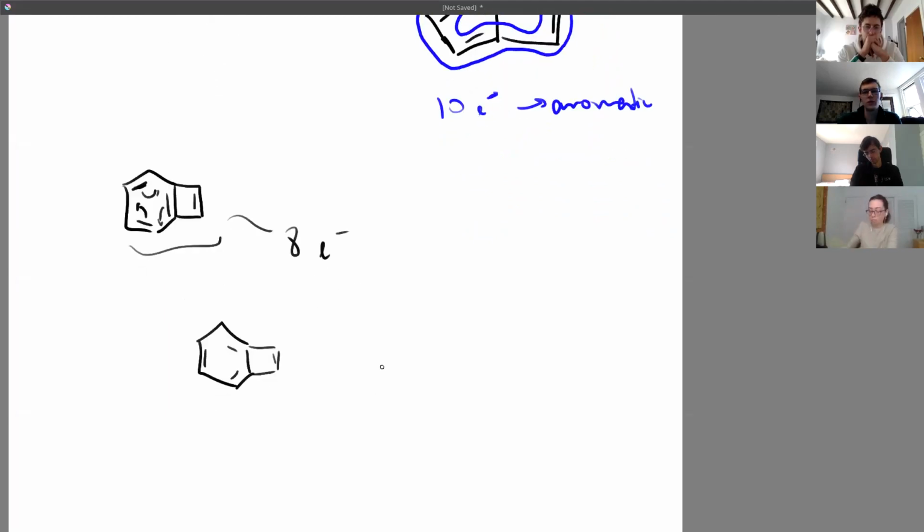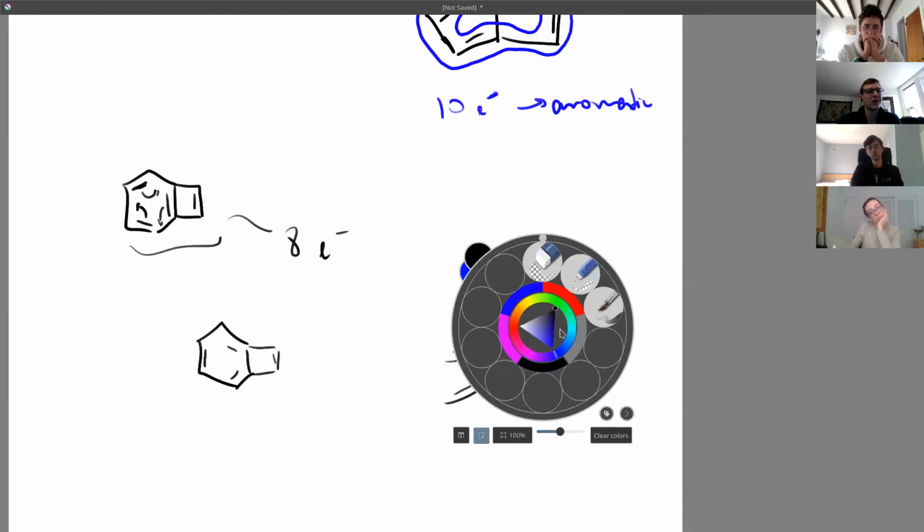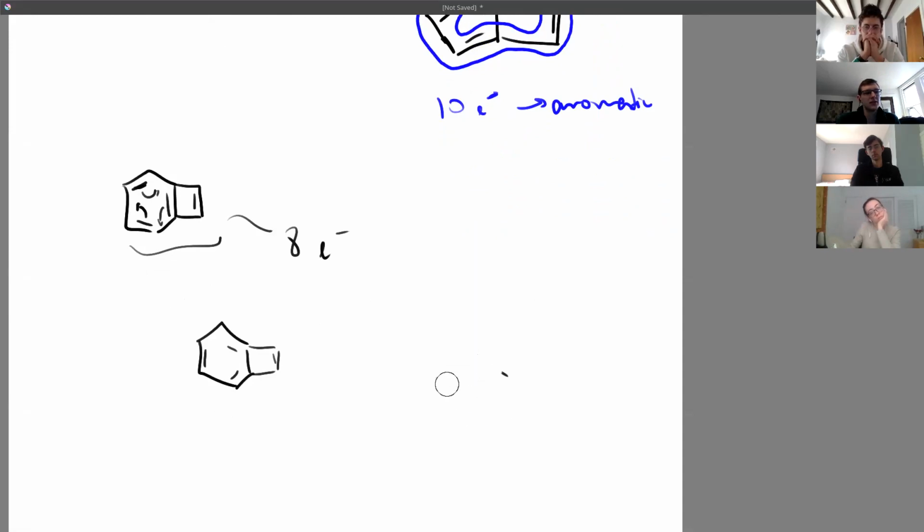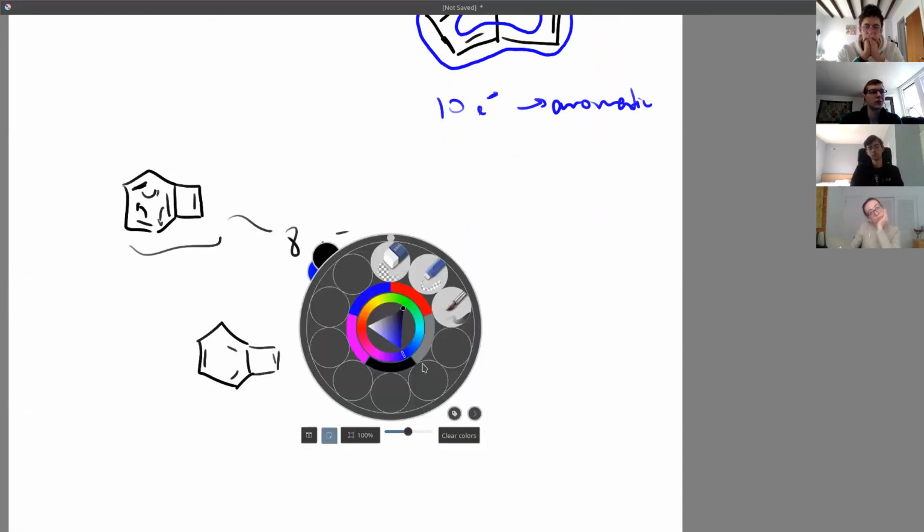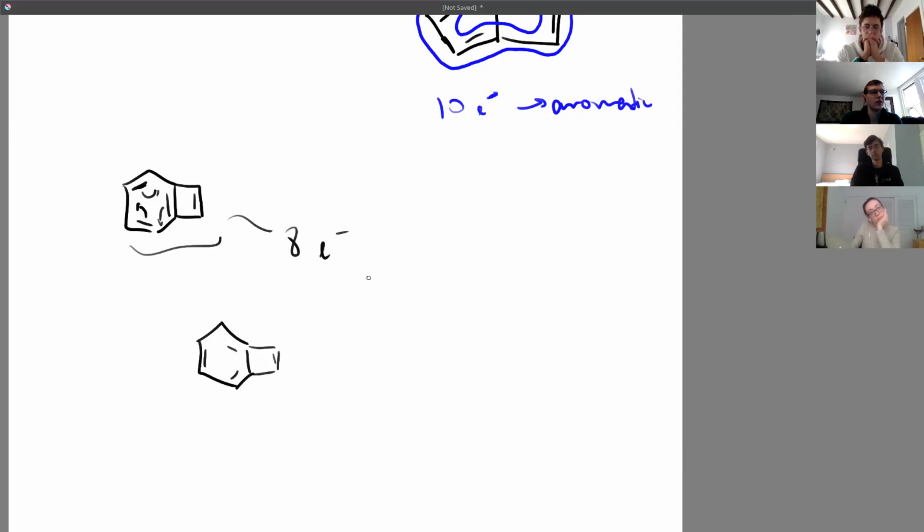So if you were to draw it this way, then you could, for example, draw these double bonds going like this, and because they're trans, they'll point down. No, it won't work. You can't do it. So this must be planar, and in which case, what is this molecule? Anti-aromatic. Yeah. Exactly.